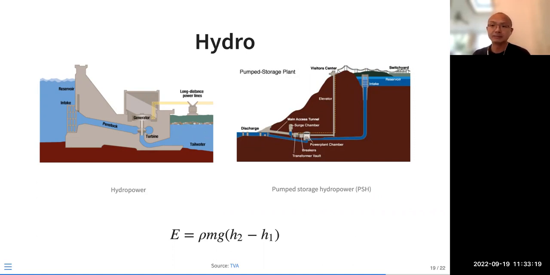So the idea is, when we have excess wind and solar or other energy sources, we pump the water to a higher elevation reservoir. And when we need the power, we run the pumped storage hydropower as a conventional hydropower, and provide the electricity we need.